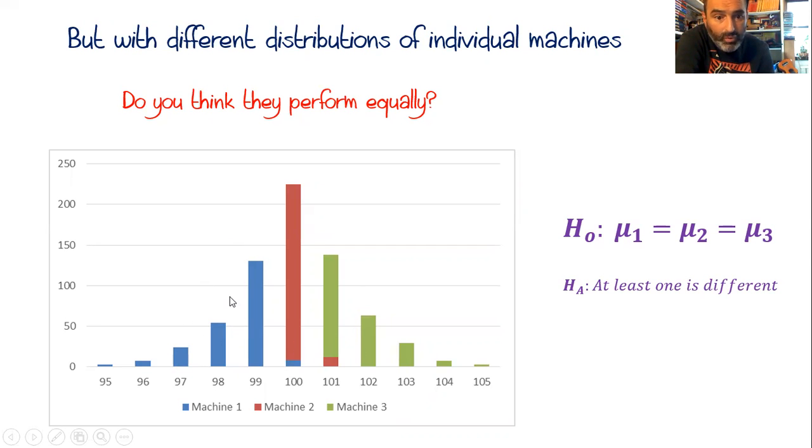So the blue ones are from machine one, the red ones are from machine two, and the green ones are from machine three. Okay? And when you aggregate them, you bring all of them together, you have the same aggregate data graph. But within that aggregate data, their distributions are relatively different. Now you could pause again and think, do they seem to perform well? Should I be packing them together?